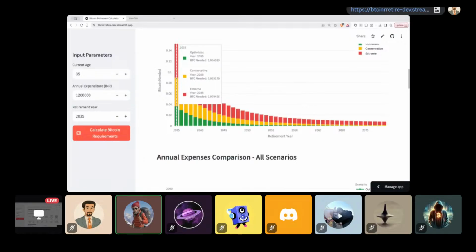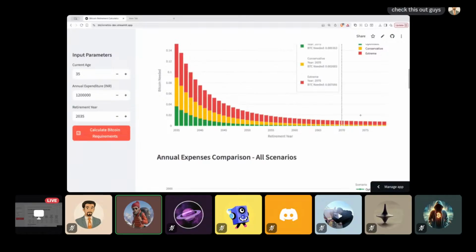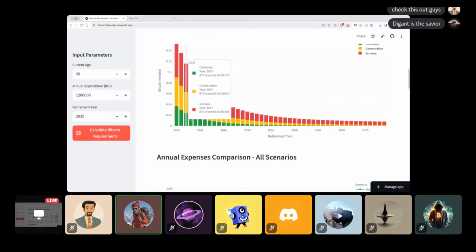If it's your conservative case, in the first year you'll probably be spending close to 0.09 BTC. Then the second year you'll be spending less than 0.08, and as you go on, the expenditure of BTC decreases. So this is all based upon the 2.5th percentile line of BTC.